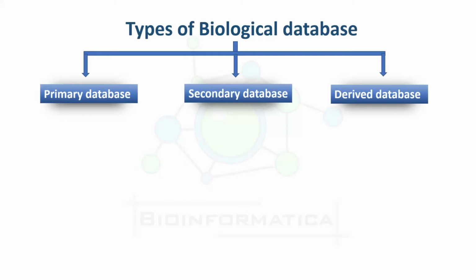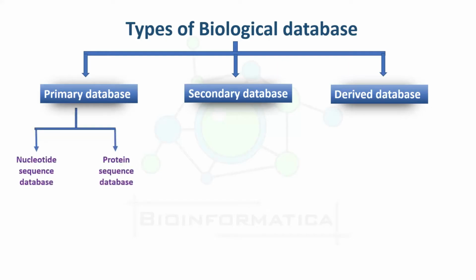Primary and secondary databases are differentiated on the basis of the source we obtained them from. Primary databases are collected from lab experiments, whereas secondary databases are derived from primary ones. Further, both primary and secondary databases are classified into two categories, whether they are for nucleotide sequence or for protein sequence. Let's take one by one.